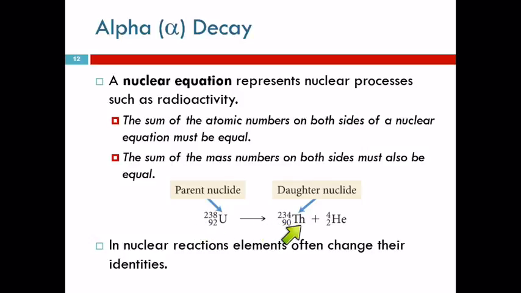Now, why did the symbol change? What's element 90 on the periodic table? Thorium. In nuclear reactions, the elements do change. We said earlier that in chemical reactions, atoms are neither created nor destroyed.